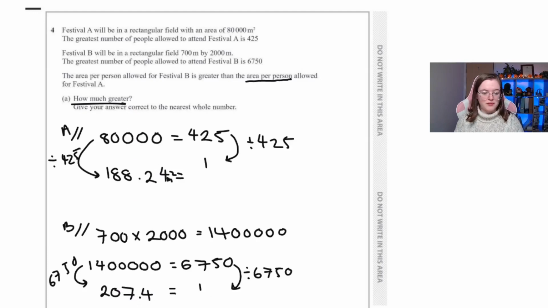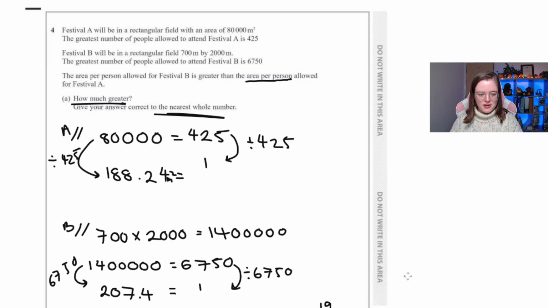So I'm going to take them away. 207.4, take away 188.24, and I get 19.2, which then rounded correct to the nearest whole number is 19 meters squared.